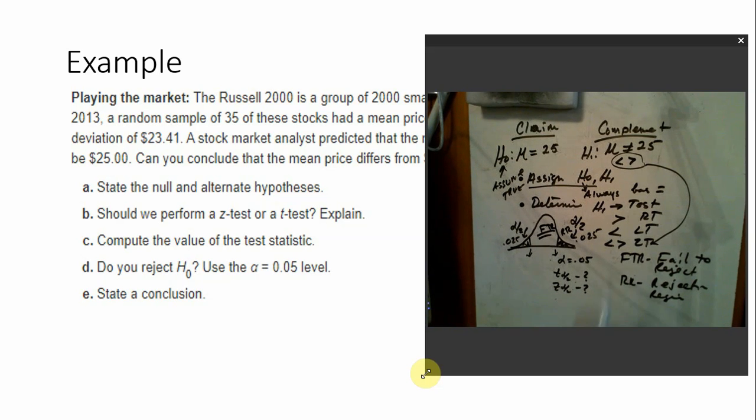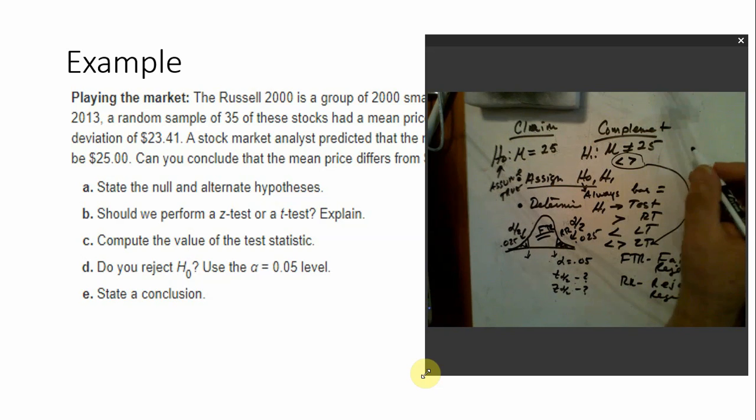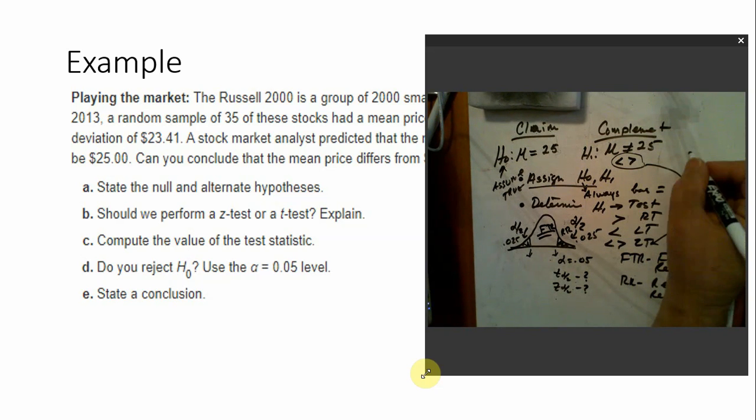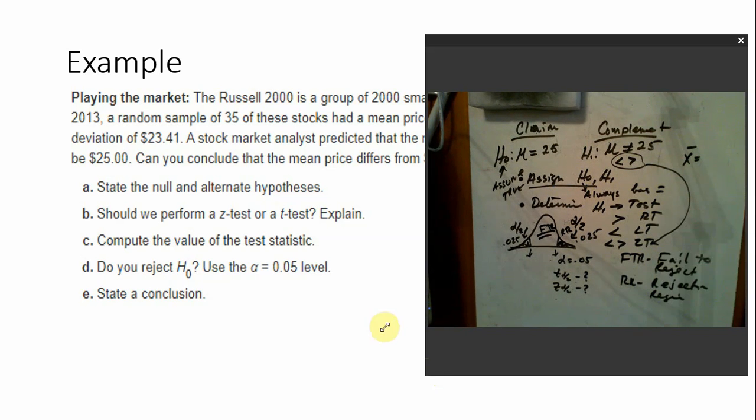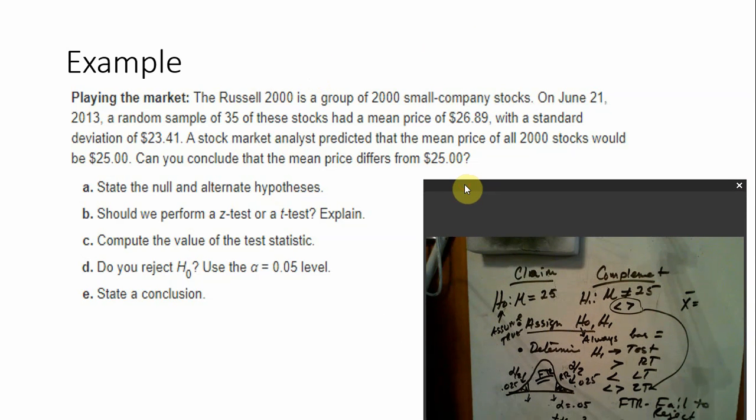Let me pull this to the side. So we've got an X bar. If I went out and got my sample, I have a sample of 35, so n was 35, and I found my mean price, the X bar from the sample, 26.89, with a standard deviation, s, of 23.41.